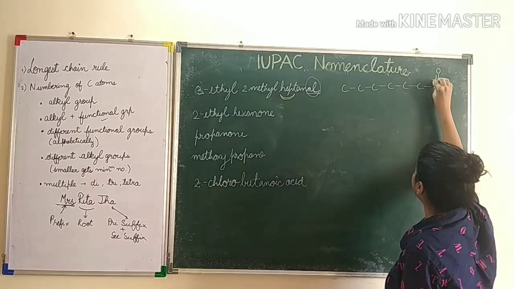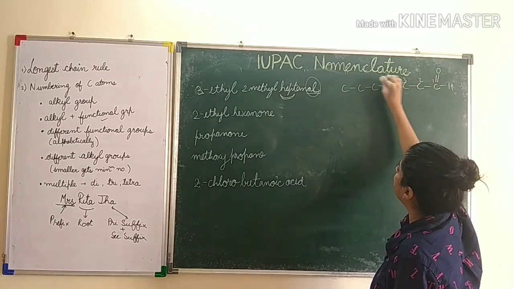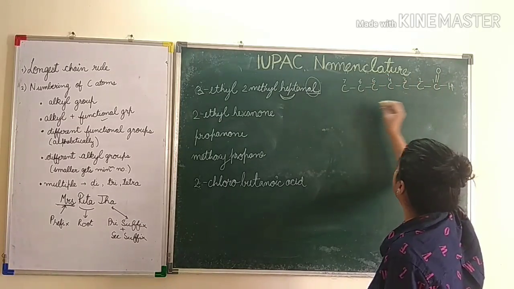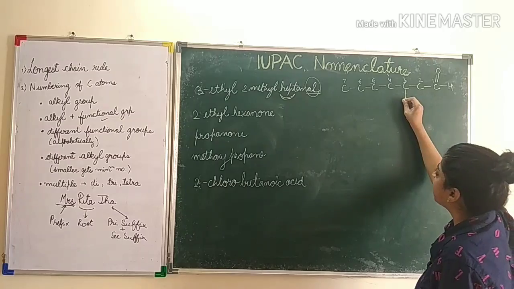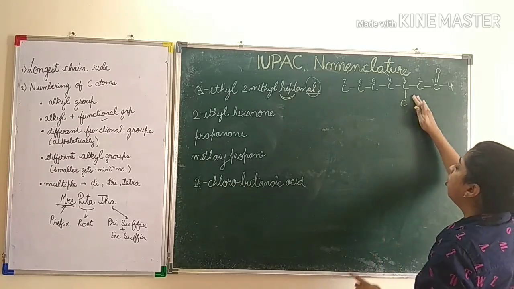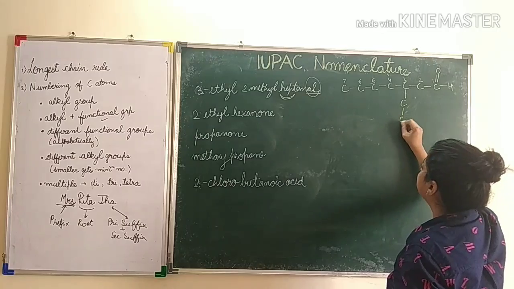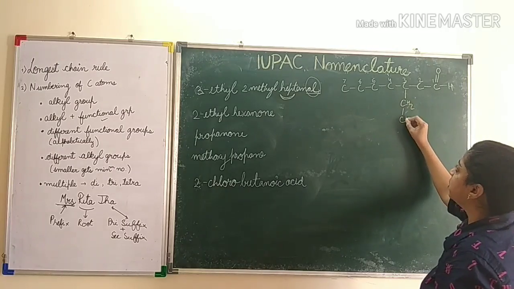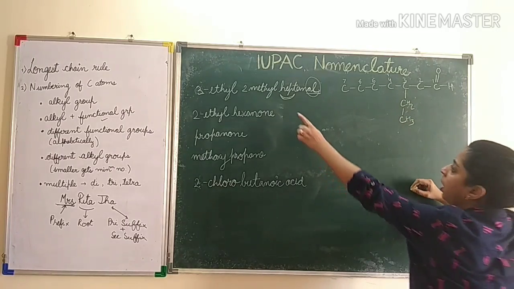Okay. Now 3-ethyl-2-methyl. तो हमने यहाँ से नंबरिंग किए 1, 2, 3, 4, 5, 6, 7. So at 3 position you will place ethyl, that is C2H5. You can write like this or you can write like this, C and C, and then satisfy the valency. Okay. And 2-methyl.